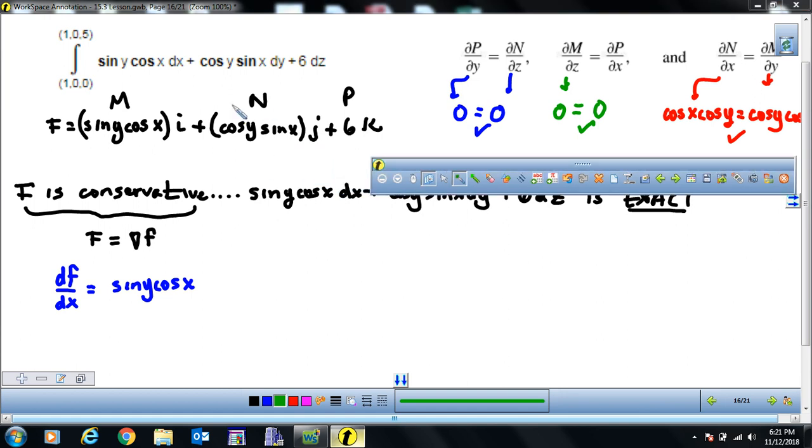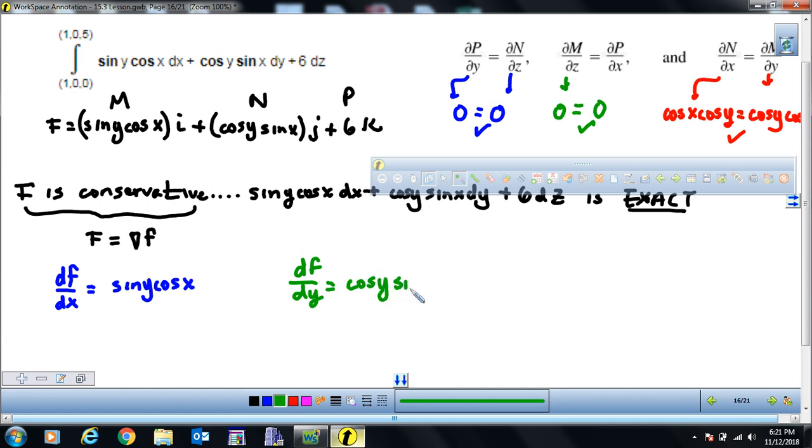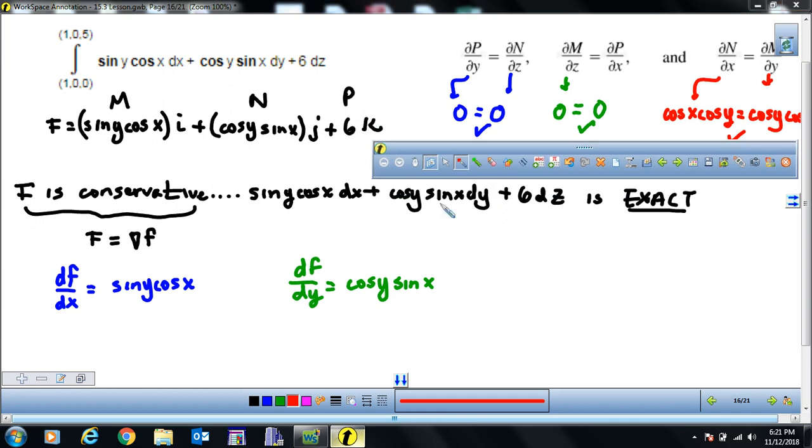This component represents the derivative of some potential function with respect to y. And this component represents the derivative of some potential function with respect to z.